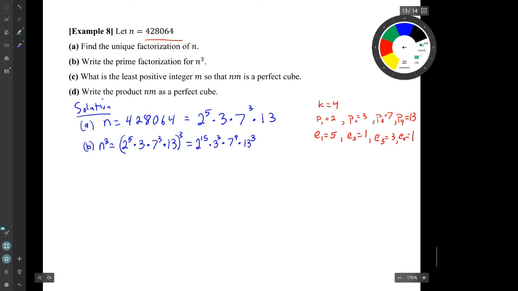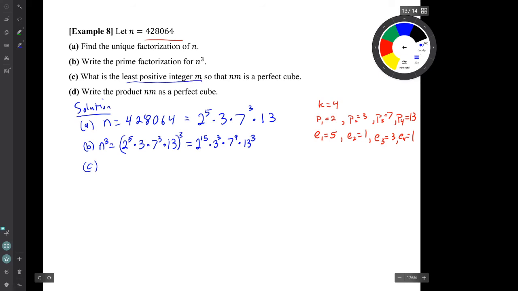I multiplied each of those exponents by the number 3. 3 times 5 is 15. 3 times 1 is 3. 3 times 3 is 9. And 3 times 1 is 3. Notice that when you cube a number, all of the exponents in the prime factorization are multiples of 3. That's going to come up in this next question.